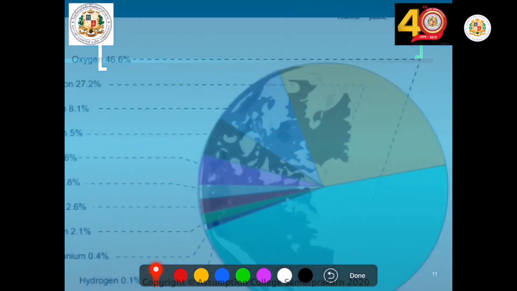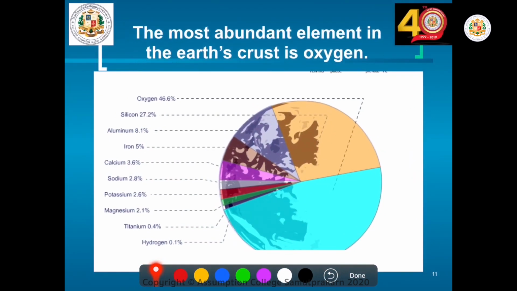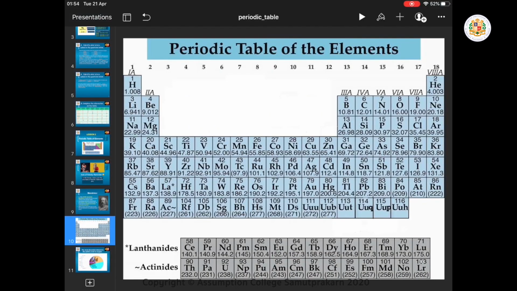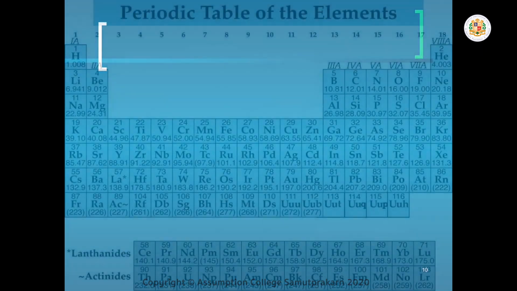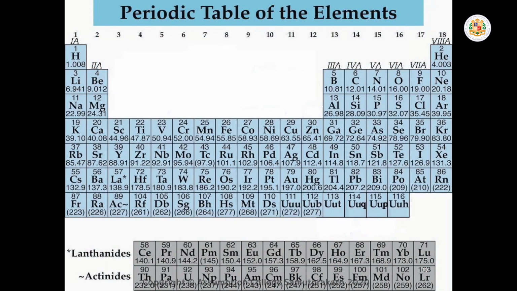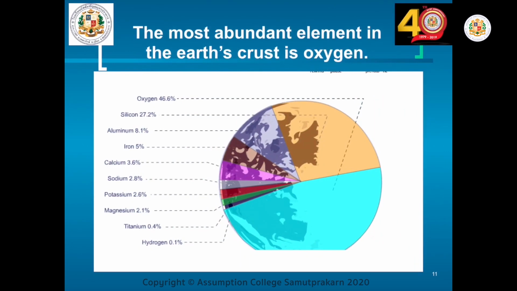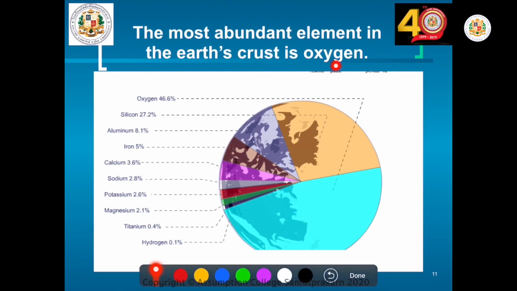so this is how the periodic table looks like, okay? Well, anyway, you know it already because you have it beside you, right? So, on Earth, the most abundant element is oxygen, okay?